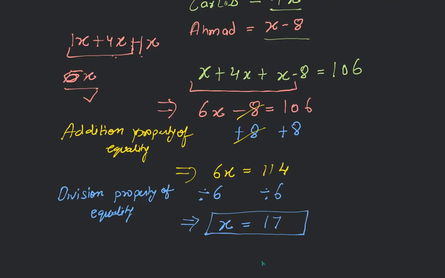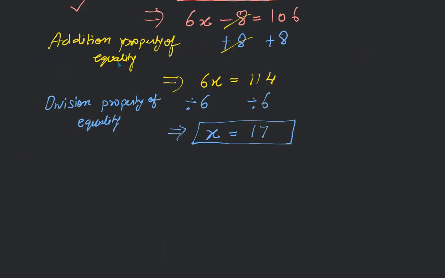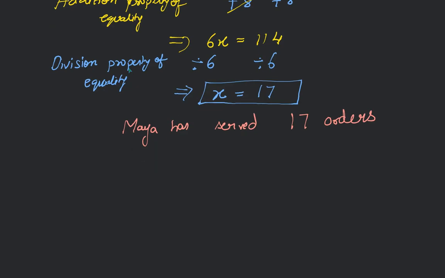So we have got the value of x, and we have assumed that x is the orders served by Maya. So Maya has served 17 orders. And we can use this value to get the orders served by Carlos and Ahmad.